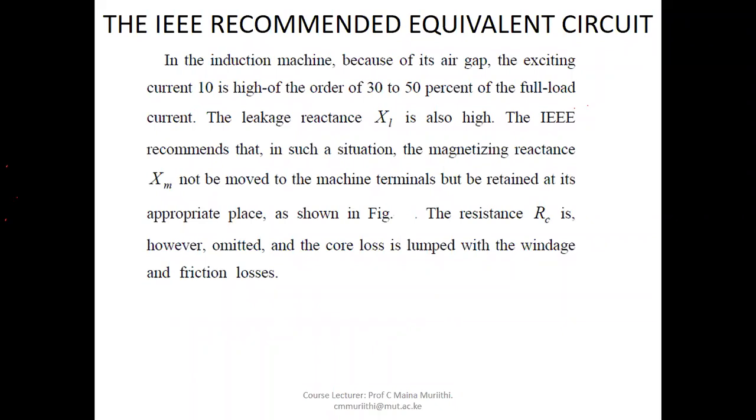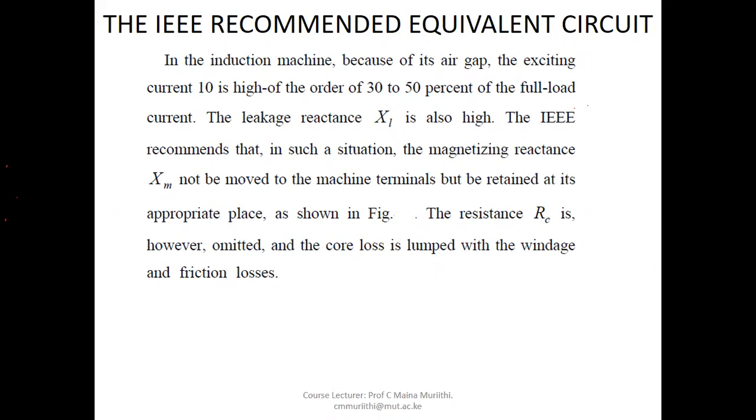So what will be the recommended IEEE equivalent circuit? As you well know, IEEE is an association that electrical engineers join to do research, and they come up with different standards for modeling and calculating many aspects in electrical engineering.